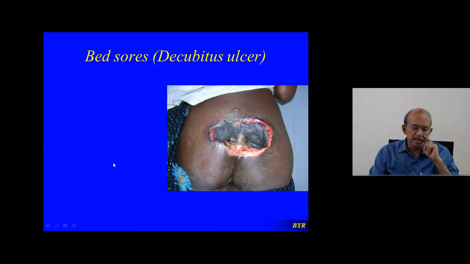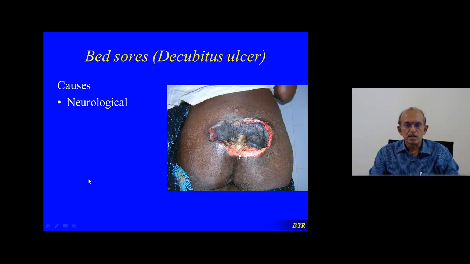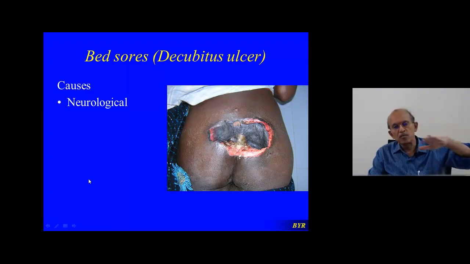Bed sore. Again, this is another short notes question. It is also called decubitus ulcer. Causes. So what is a bed sore? When the patient is lying in the bed for a prolonged period without changing the posture. When you are sleeping, you won't be in the same posture.